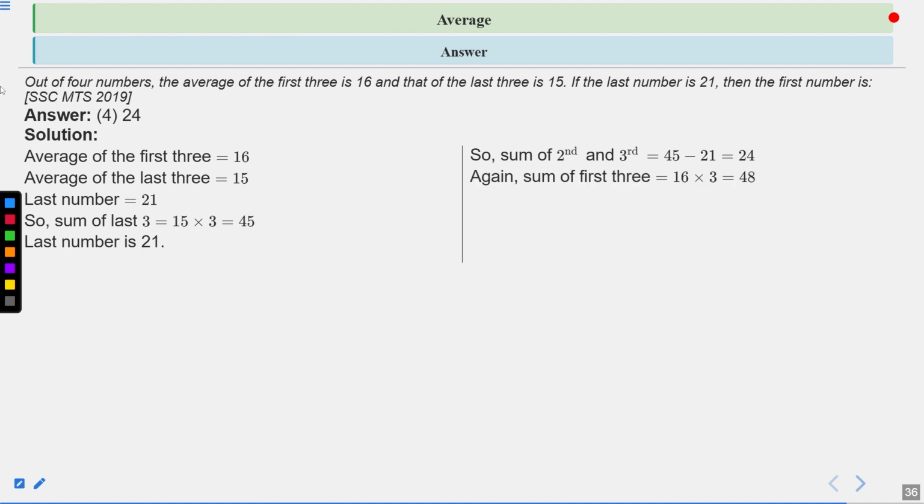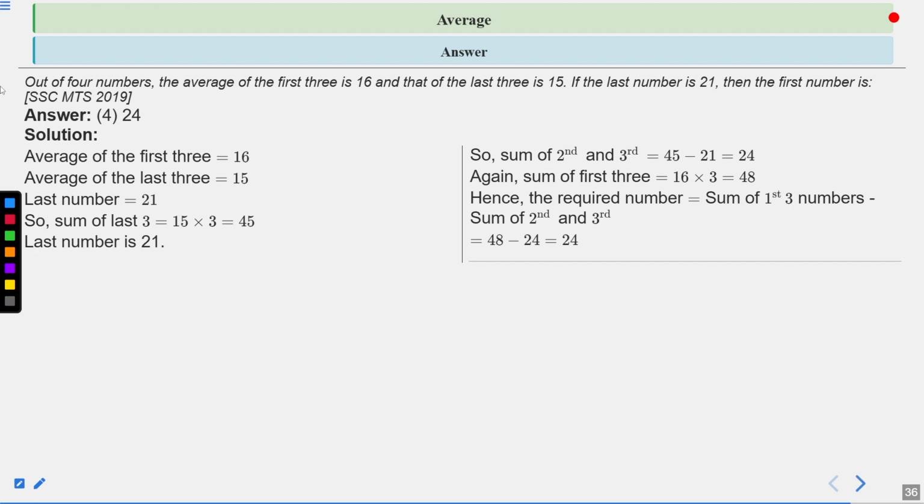Also, the sum of the first 3 is given, which is 48. Hence the required number is equal to the sum of the first 3 numbers minus the sum of the second and third numbers. So we get 48 minus 24, which is 24. So that's why fourth one is the correct answer of this question. Next one.